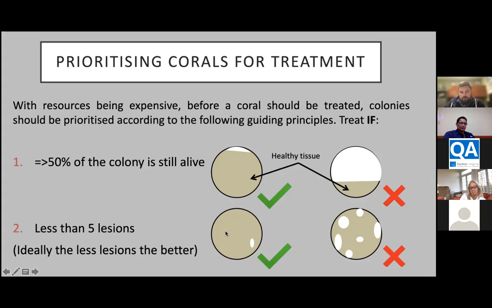Another good thing to think about is to see how many lesions the infected coral has. If there's less than 5 lesions, then you can probably infer that this coral here is healthier than the coral that's got multiple lesions on it. So this coral is obviously less fit than this coral. So we'll prioritize the treatment on corals that have just got a few lesions, but sometimes this isn't possible.